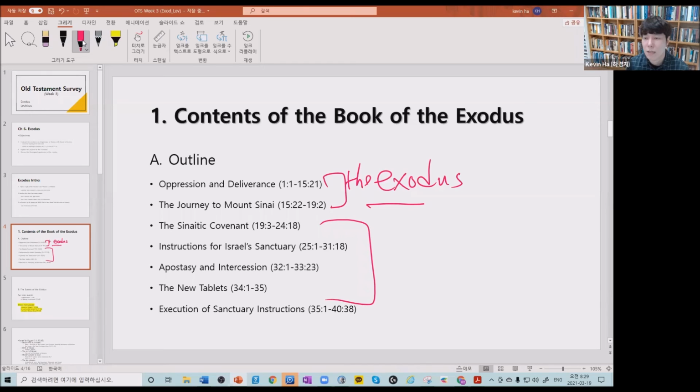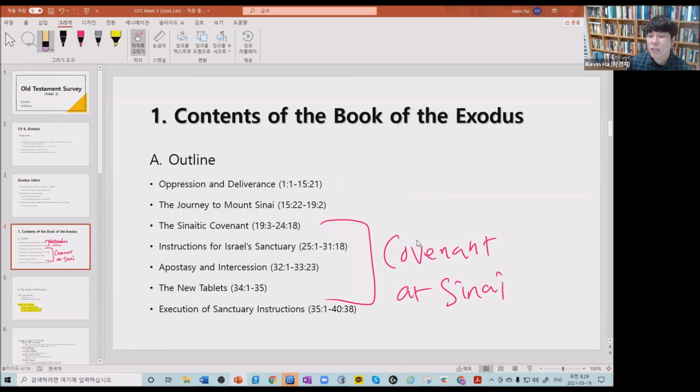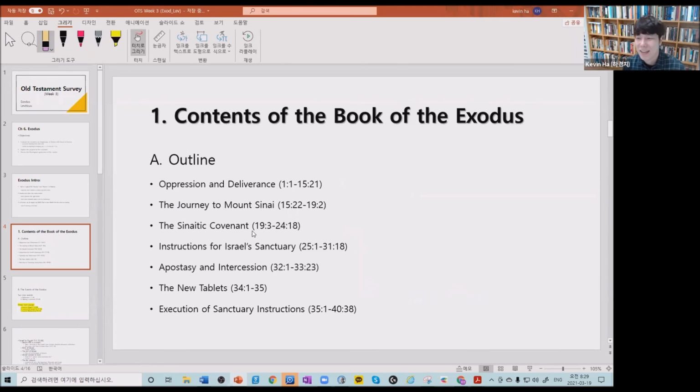And this is the making of the covenant at Sinai. To make it simple. Small details always come later. You need to make a big outline first, and then details later.